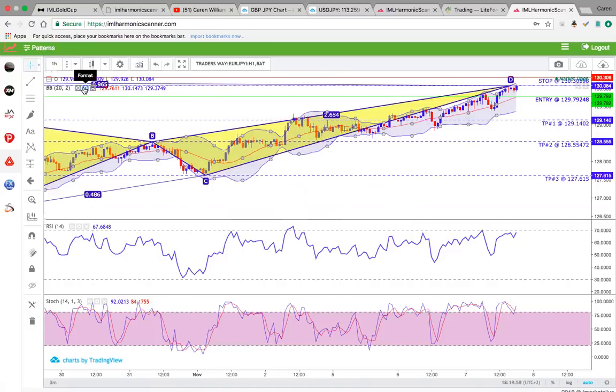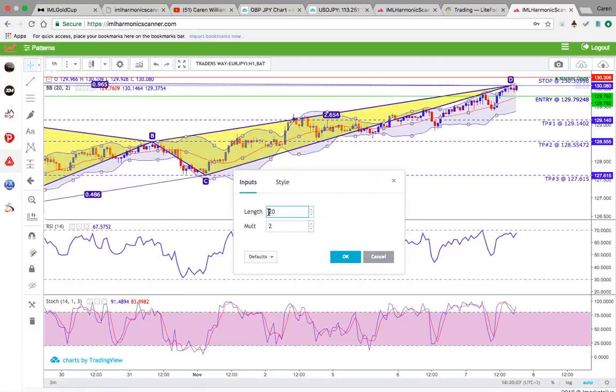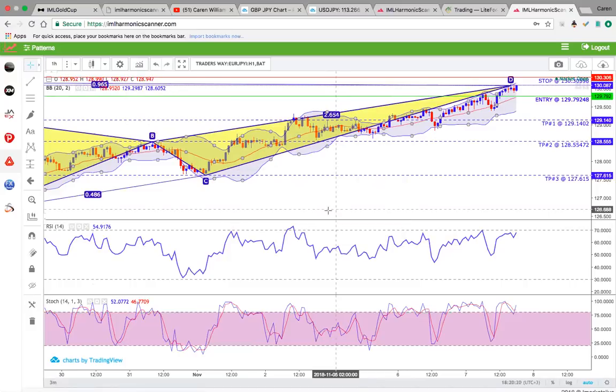And then you're going to see some options next to those numbers. I want you to click the middle option that marks format. And this will then take you to where you can change the parameters of the Bollinger Bands, right? So just make sure that your parameters are 20 and 2, and just click OK.